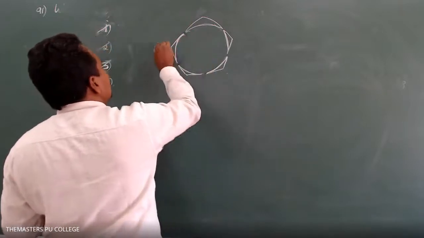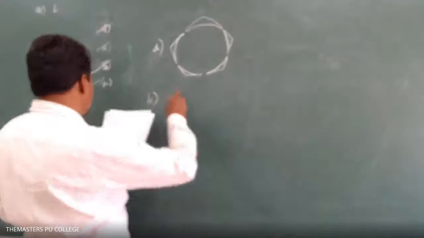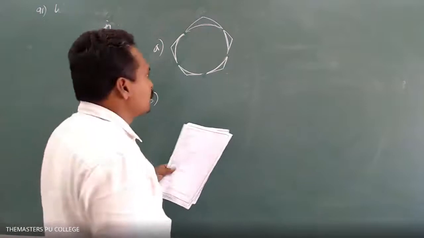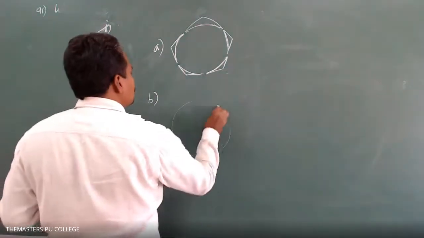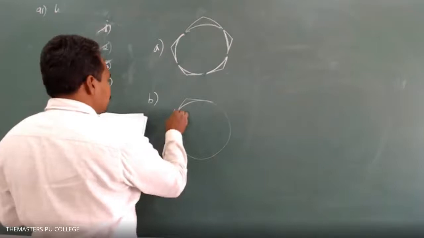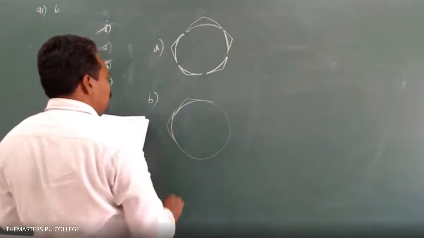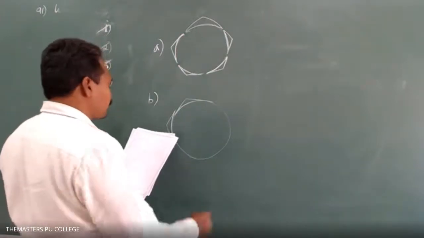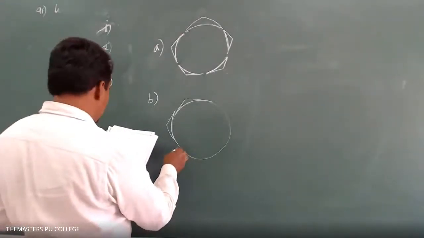B, twisted estivation. In twisted estivation, what is the character? Sir, sepals and petals overlap. Yes, the members of the sepals or petals overlap. One edge is present outside and the other edge is present inside, right?